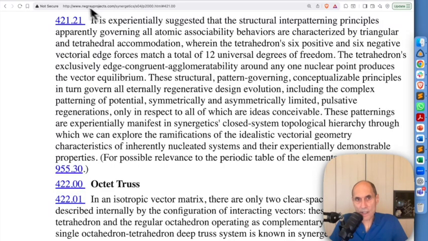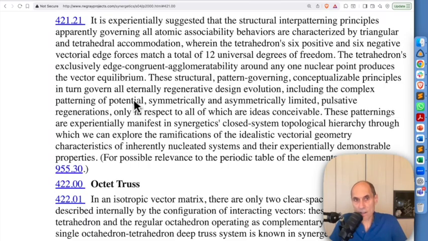The tetrahedron's exclusively edge-congruent agglomeratability around any one nuclear point produces the vector equilibrium. These structural pattern-governing conceptualizable principles in turn govern all eternally generative design evolution, including the complex patterning of potential, symmetrically and asymmetrically limited pulsative regenerations, only in respect to all of which are ideas conceivable.